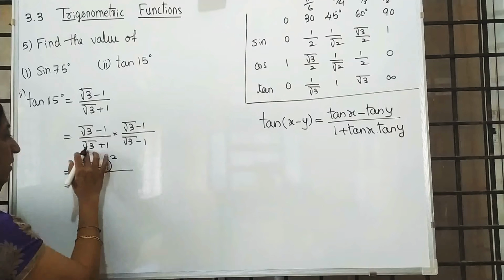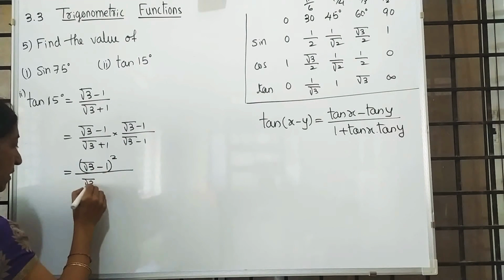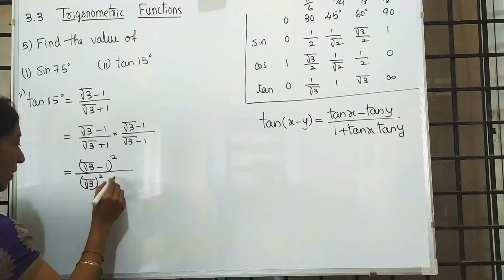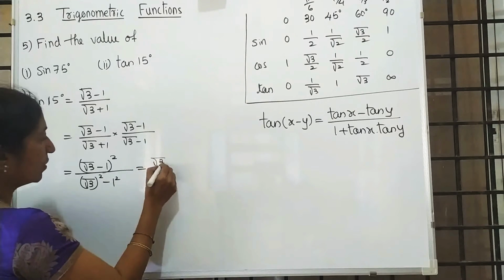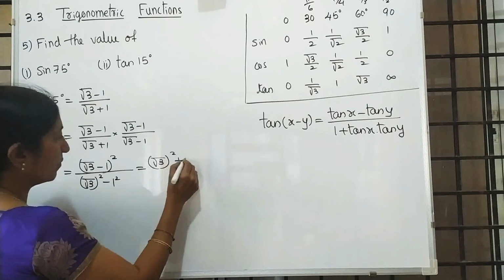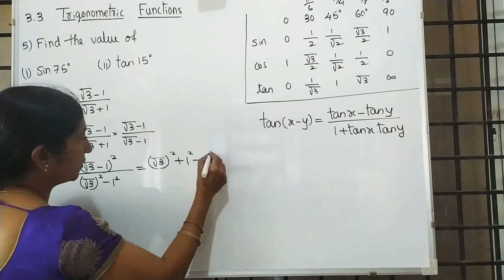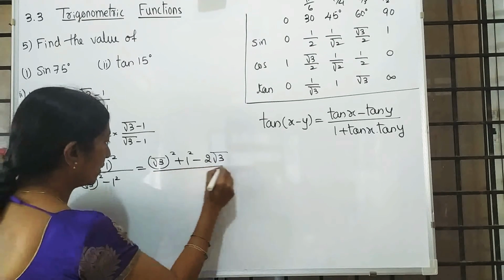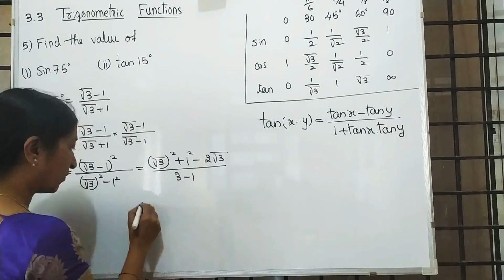And the denominator is a plus b, a minus b, a square minus b square. It is root 3 square plus 1 square minus 2 root 3 whole divided by 3 minus 1.